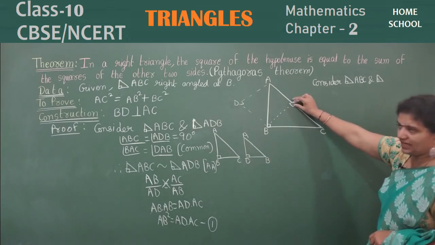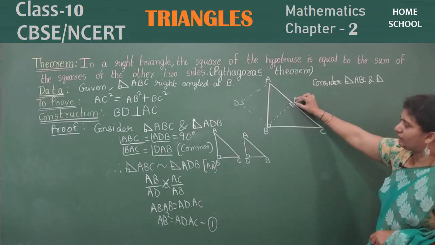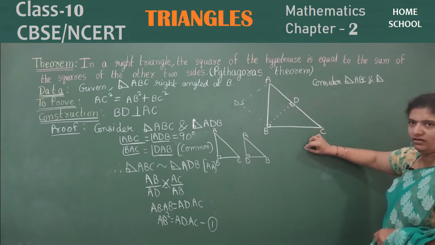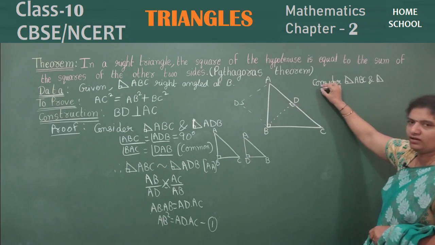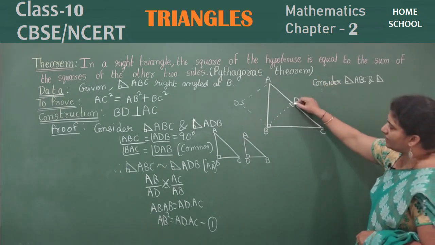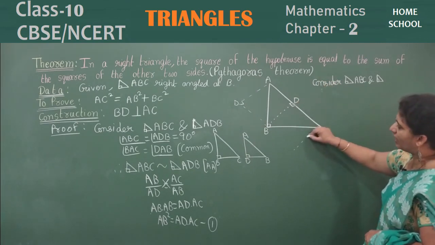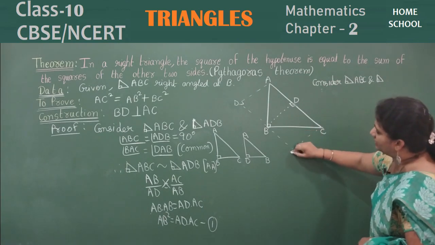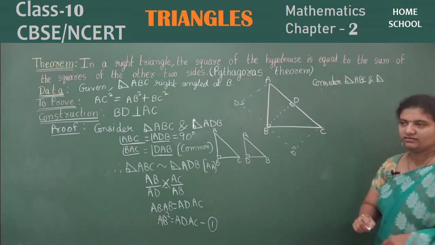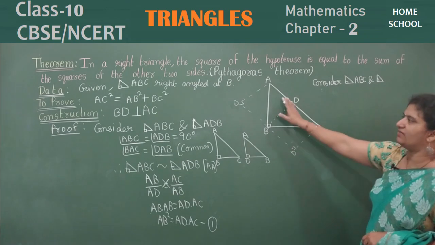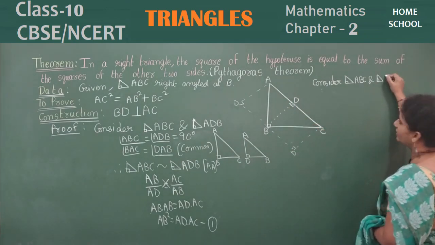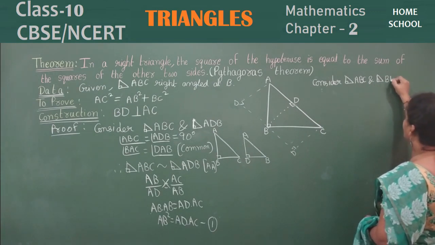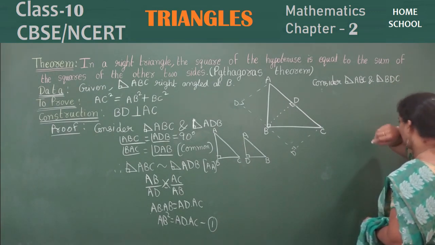So lift this D. If you lift this D and place here, you may get the same manner, or you can lift this B and keep here, same manner you get. So lift this D and put it here, what happens? D, and this is a right angle. So now this picture and the big triangle place aside. So let me mark here, that is BDC. Now take the figure.